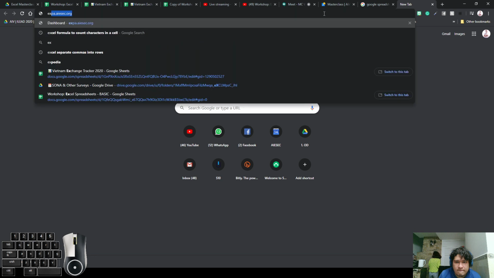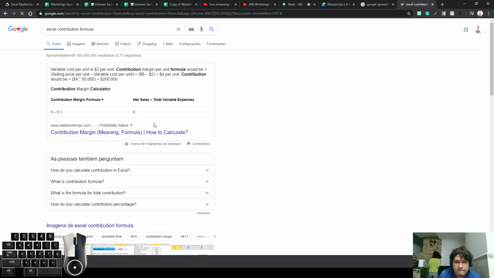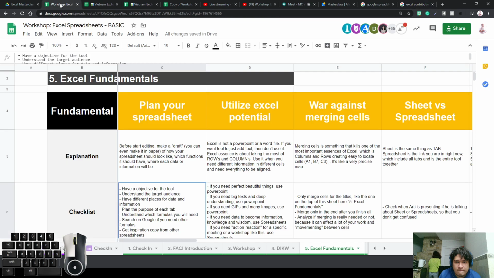You come here and say Excel contribution formula, something like that, and you are going to find something. Sometimes it's going to be financial formulas, but you don't need to use it with finance. Anyway, as long as you plan, you can learn by yourself by searching on Google.